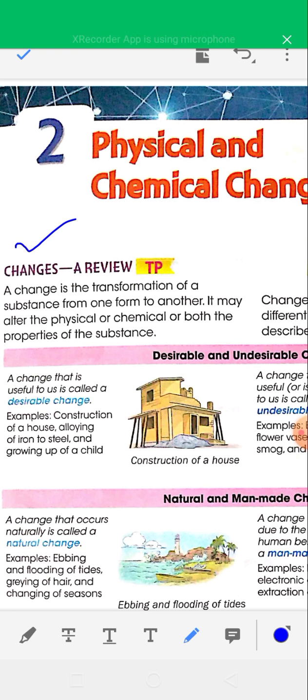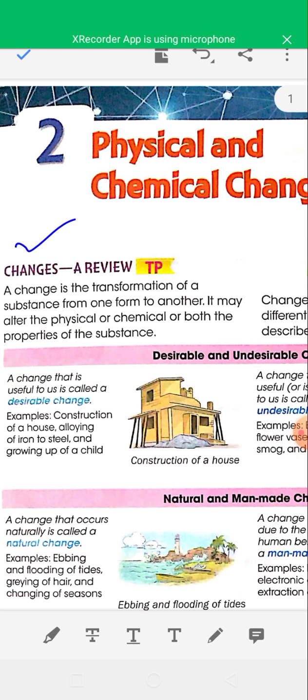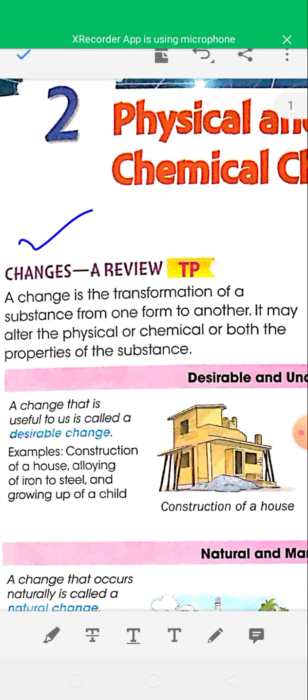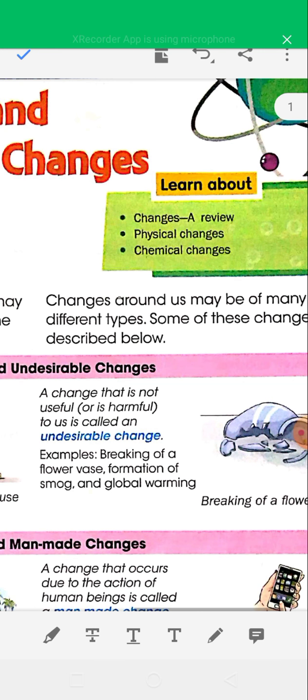A change may alter the physical or chemical or both the properties of the substance, and there are many types of changes occurring around us, and some of these changes are given here.